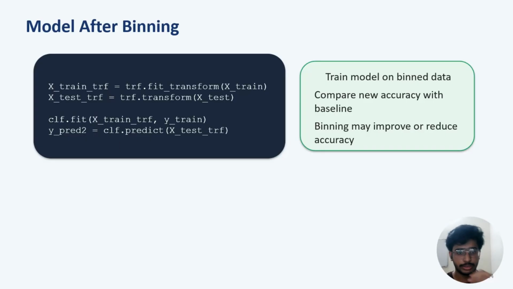If accuracy improves, binning helped. If accuracy decreases, then binning was not useful. So preprocessing techniques should always be tested and not blindly applied.